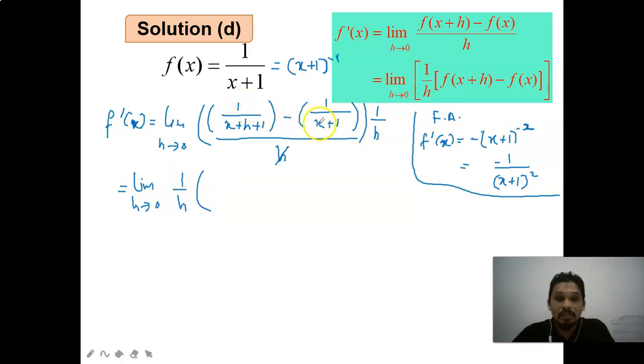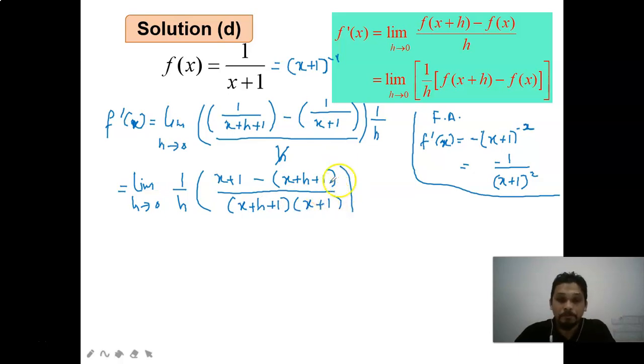So 1 multiplied with this, we come up with x plus 1 minus 1 multiplied with x plus h plus 1, and divide by x plus h plus 1 multiplied with x plus 1. There you go.